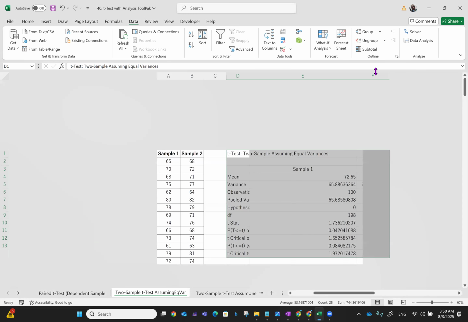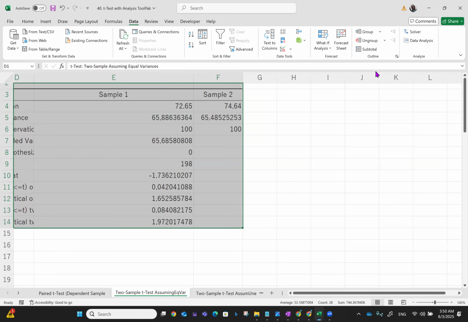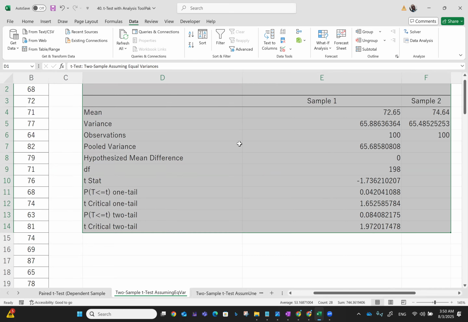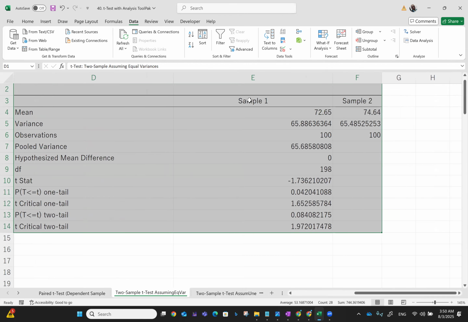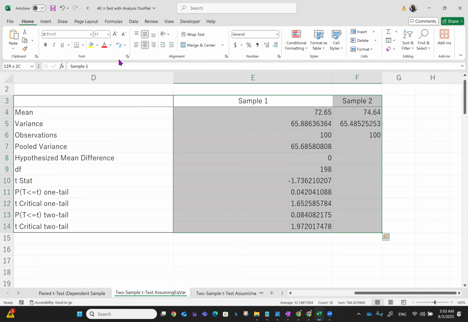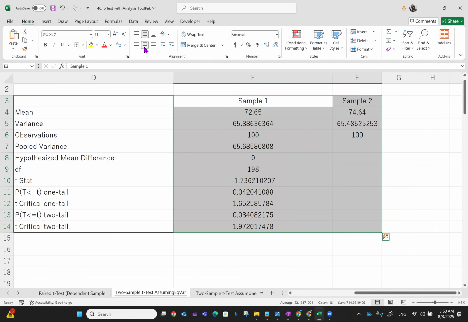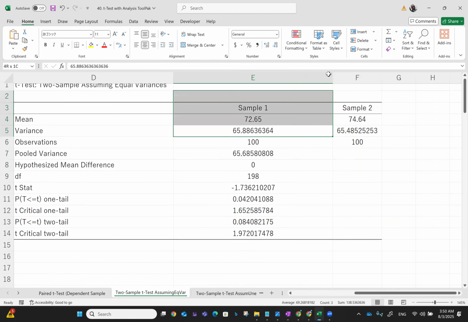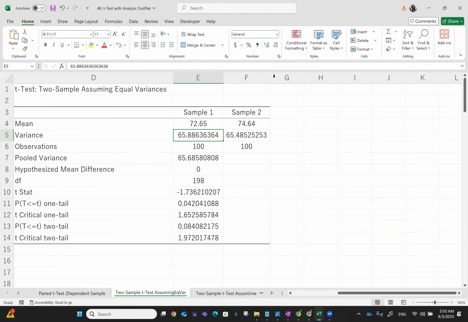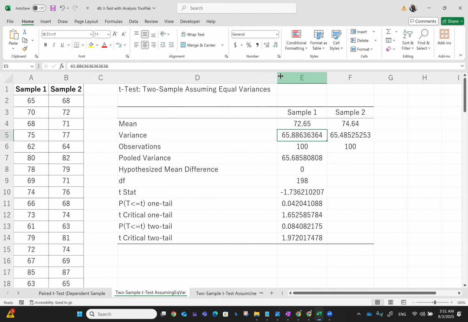If you want to do the maths for this, it's a lot of stress, but Excel has made it significantly easy to handle, right? So we now see all this information about sample one and sample two. As usual, I want to format, so centralize like this. And then we can try to do this to make things a bit tidier.